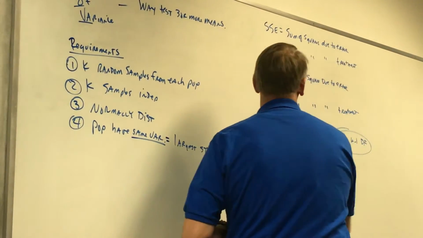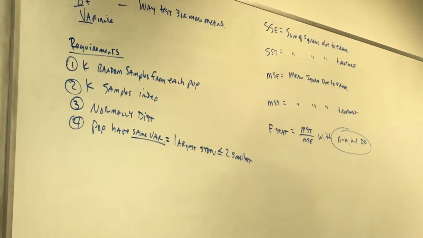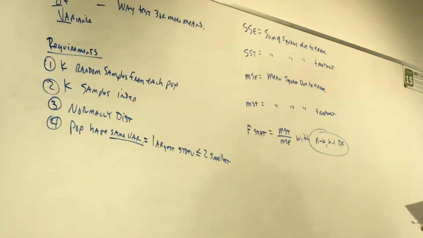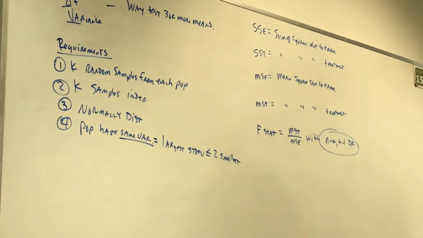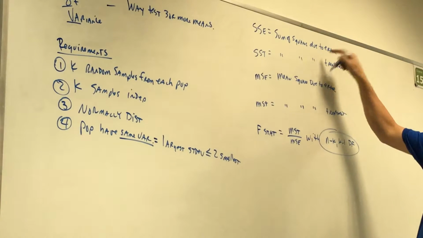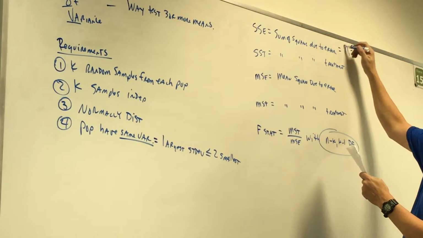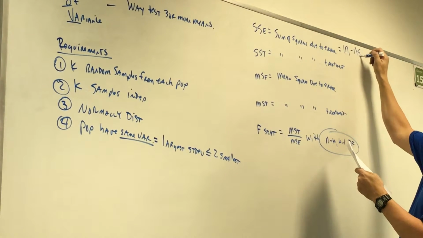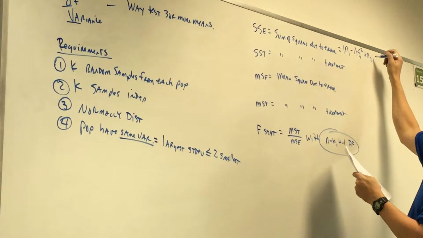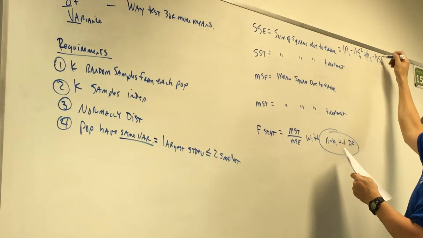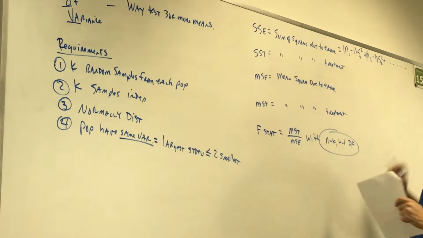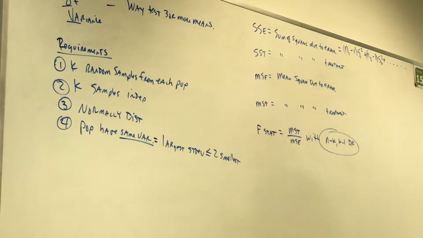I didn't give you the equations for these, so I'm going to do that now. Your sum of squares due to error equals n1 minus 1 times s1 squared plus n2 minus 1 times s2 squared plus et cetera, for however many samples that you have.